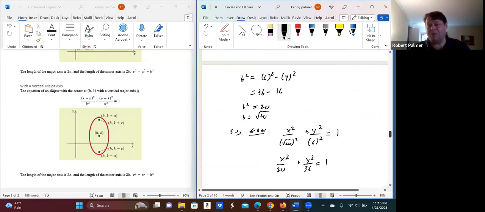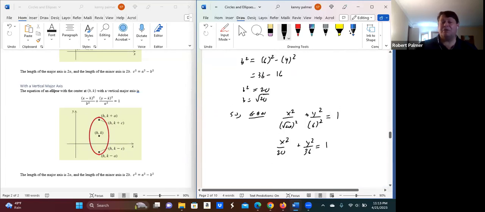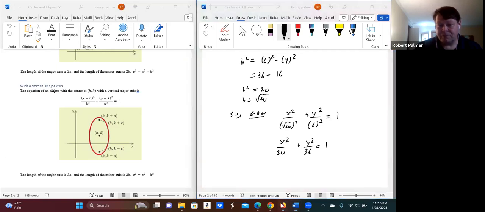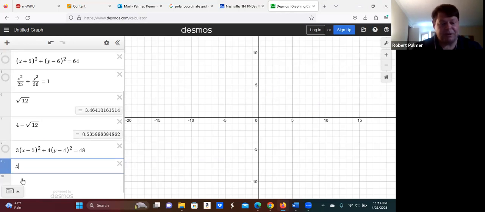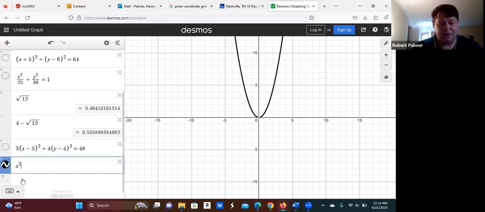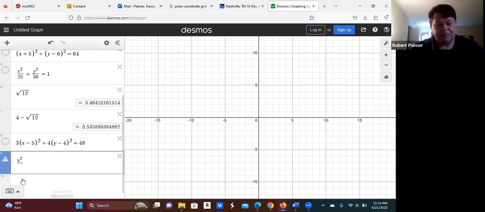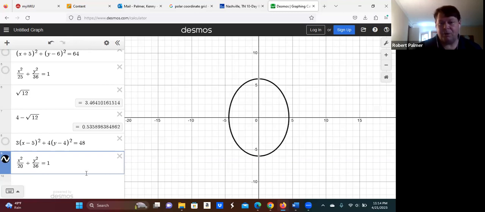Now, one more thing. Let's graph this one and make sure that looks correct. Let's go back to Desmos. So we have x squared divided by 20 plus y squared divided by 36, and that's equal to 1.